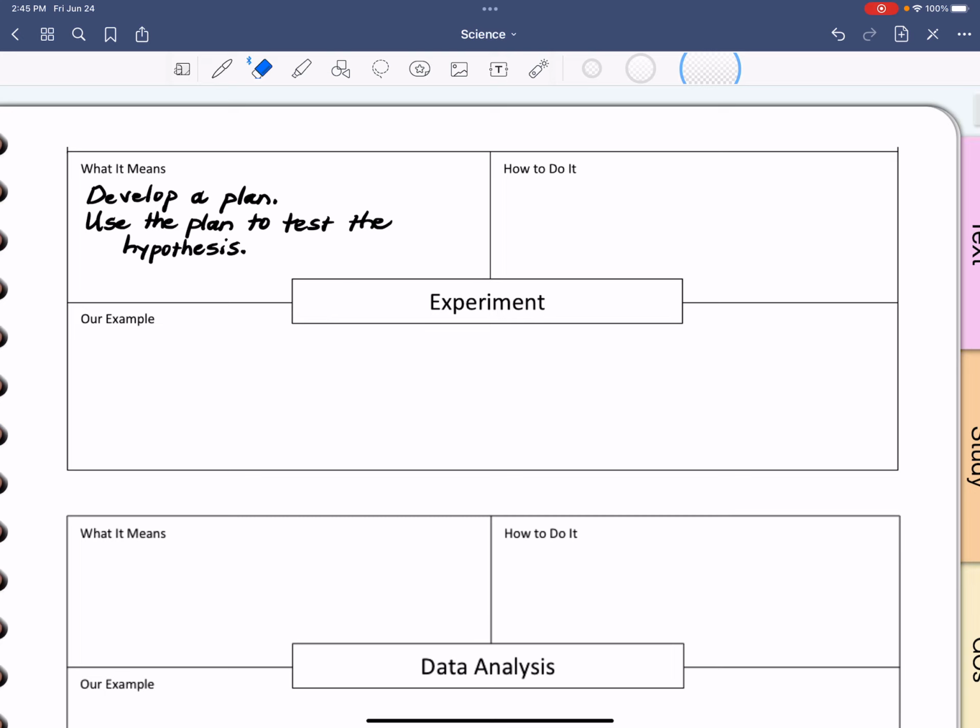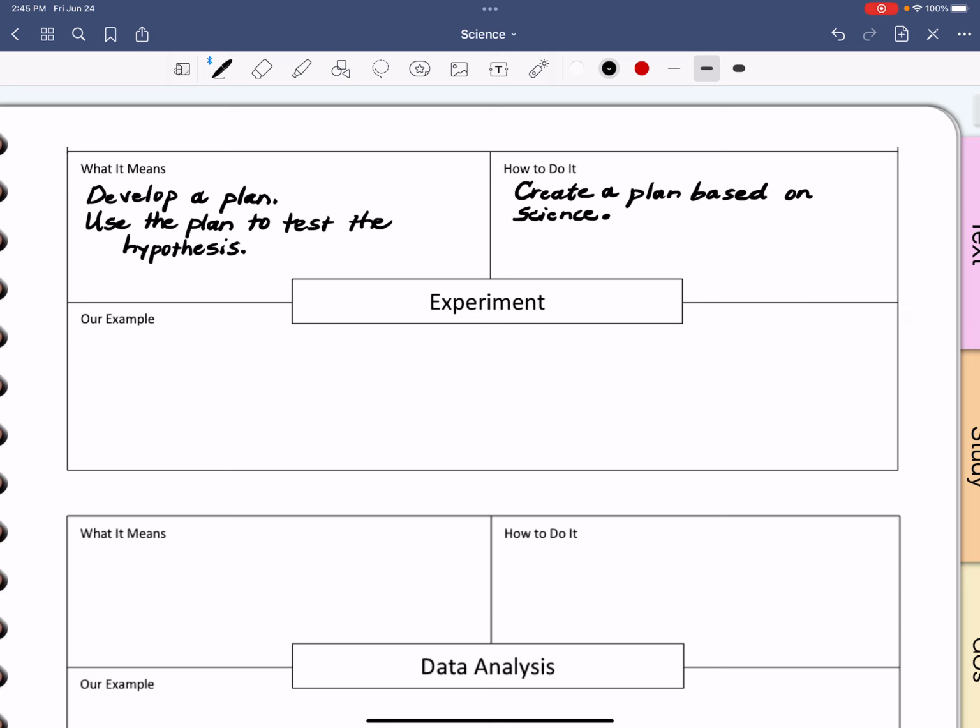So, how to do it? You need to come up with a plan. And it's important that that plan is based on science. For example, in our story, my grandmother always said that you could tell if someone had a heart problem by looking at the size of their eyes.